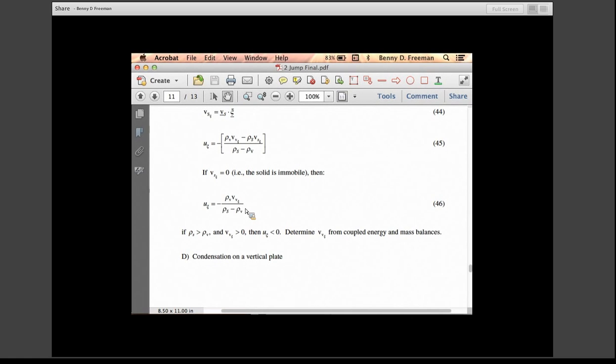And so the velocity in the vapor phase, at very low density, to remove material from that surface would have to be enormously greater than the rate at which that interface position changes with time, just because of the density difference between the two phases. So we would expect the interface velocity to be much smaller than the velocity in the gas phase.